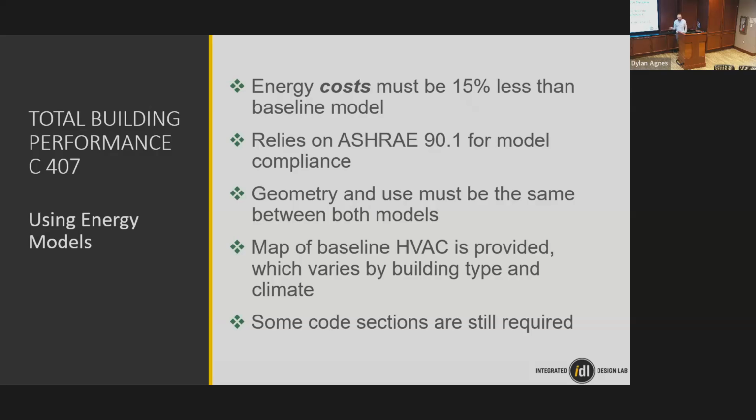That really depends on your fuel sources and where it's located. So if you have a building that is going to be using natural gas, you can't show in the model that you're using electric resistance heating. Right? The fuel sources between the baseline and the future model have to match, and so you can't game the system that way.